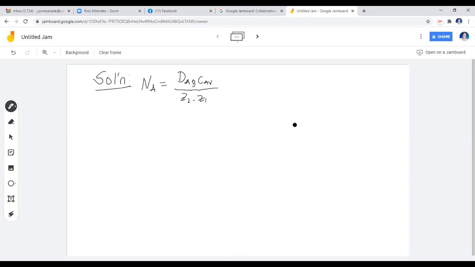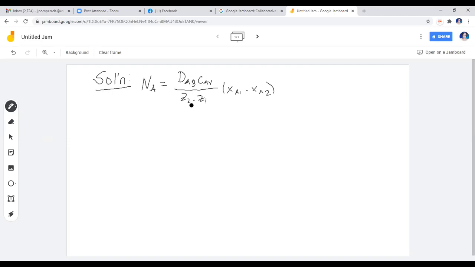This is our formula for the rate at which A diffuses, in kilomole per second per square meter if we have those units, but it's always mole per unit time per unit area. Then we can determine, based on this formula, what information we can use and what we still don't have.